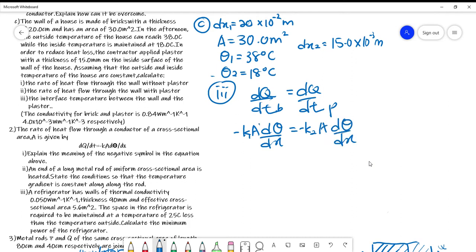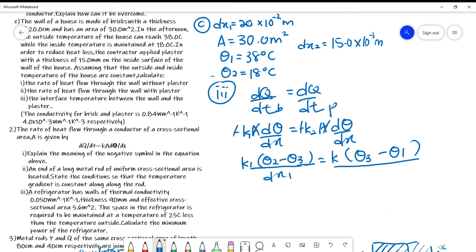The A can be cancelled, and this is theta 1 and this is theta 2 minus theta 1, divided by dx1, equals k2, sorry, this one should be my interface temperature, which is theta 3. So theta 3 minus theta 1, divided by dx2, times k2.